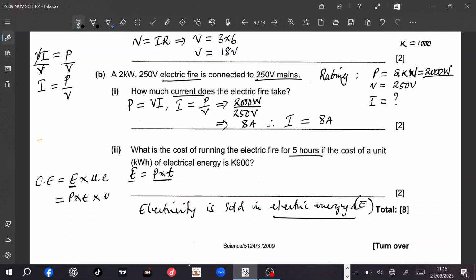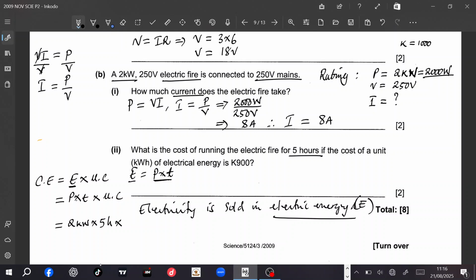Then unit cost. What you do, you substitute power. When calculating electric energy used, power should be in kilowatts, as they've put it themselves. So you put 2 kilowatts times time, which is 5 hours.